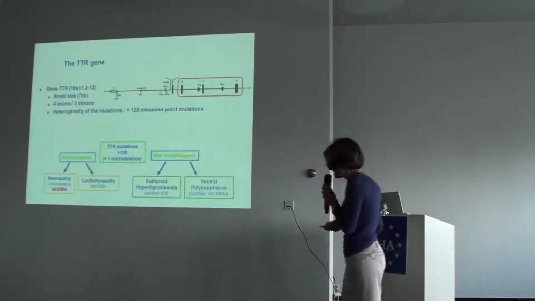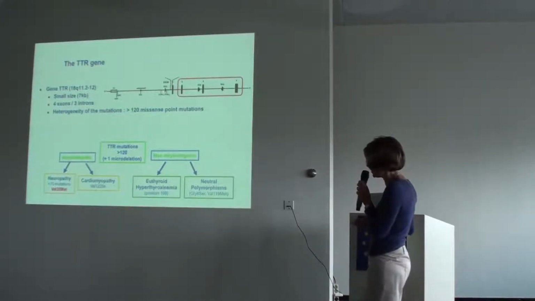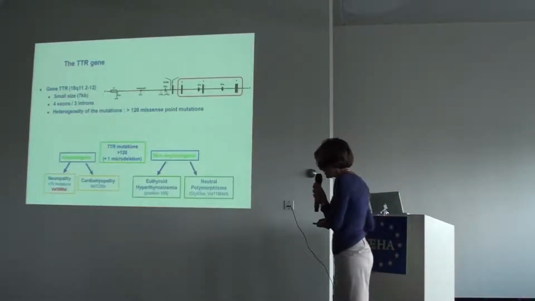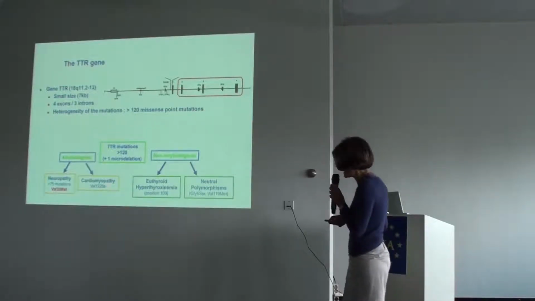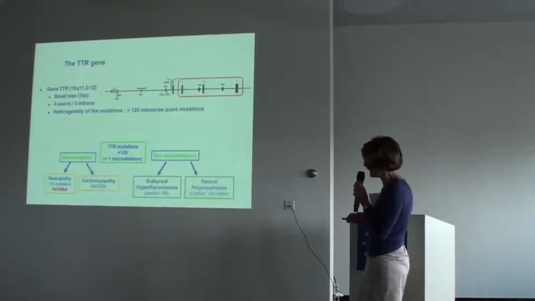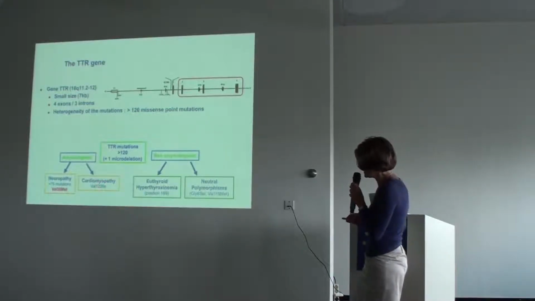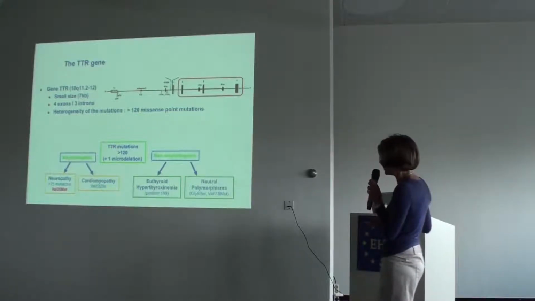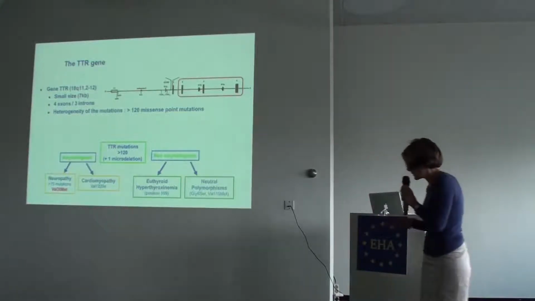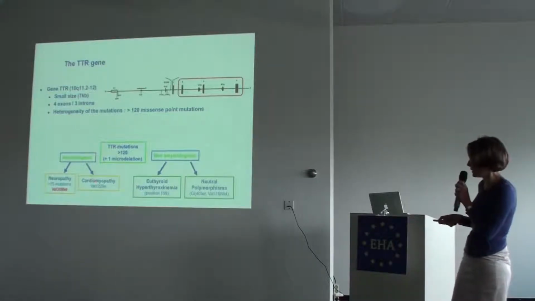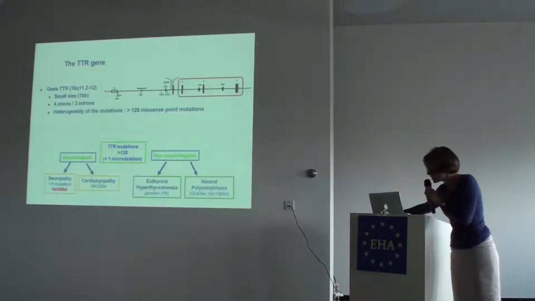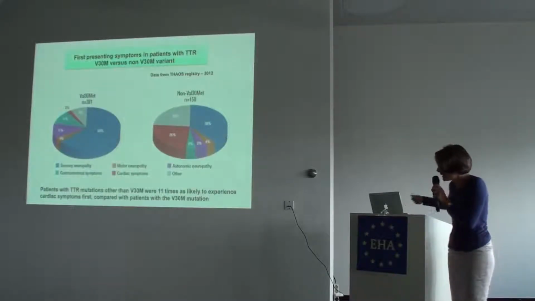Other mutations express as a prominent cardiomyopathy or an isolated cardiomyopathy, particularly this isoleucine 122, which was described in the Black American population in 1997, and it seems to be rather frequent in this population. In the first series, Jacobson found as many as 4% heterozygous in a large population of African Americans.